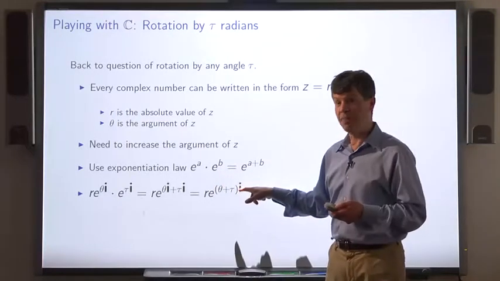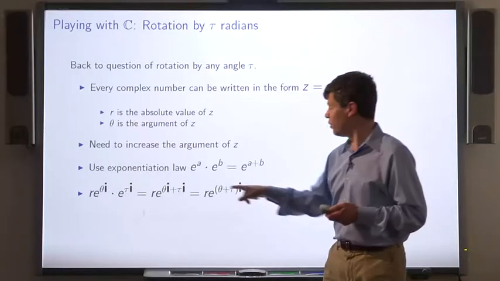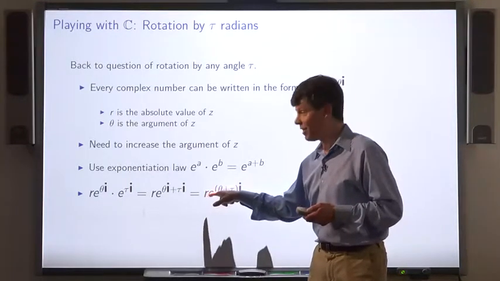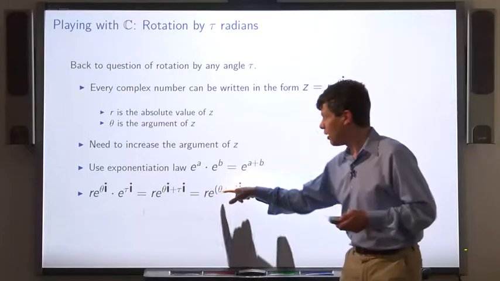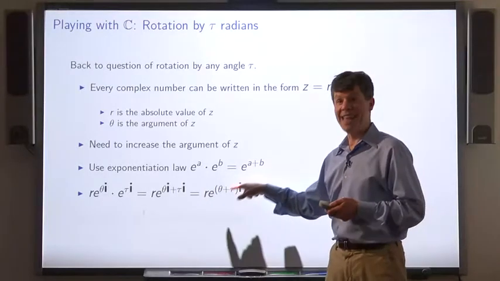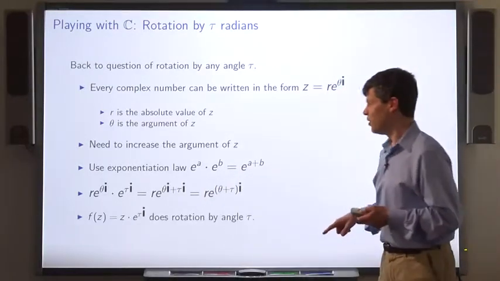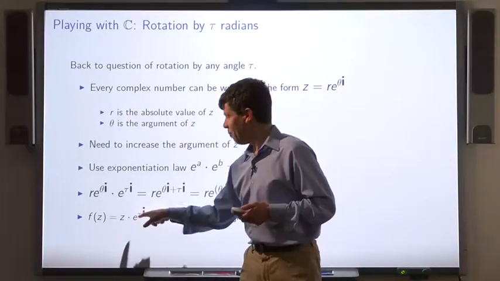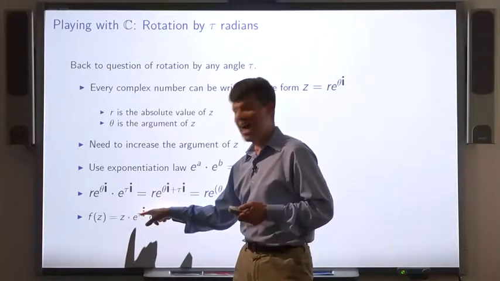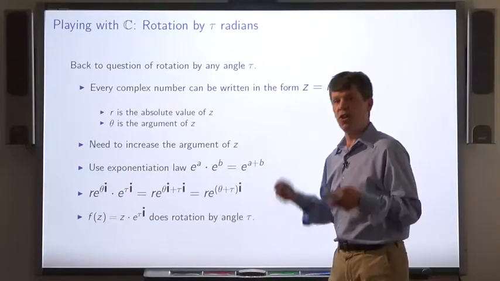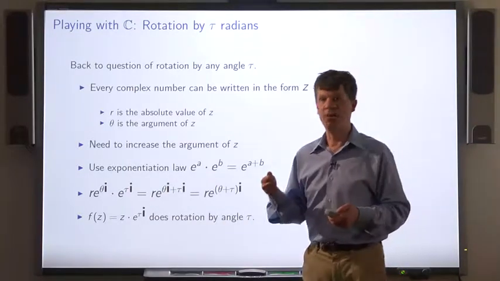So we get a complex number whose absolute value is the same as the one we started with, but whose argument is theta plus tau. So the function that multiplies by e to the tau times i carries out rotation by an angle of tau.